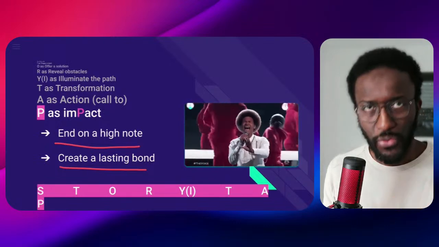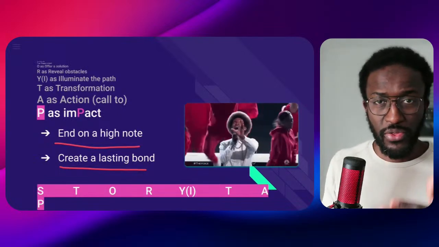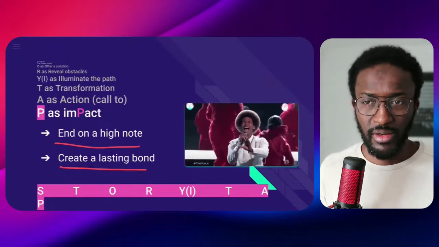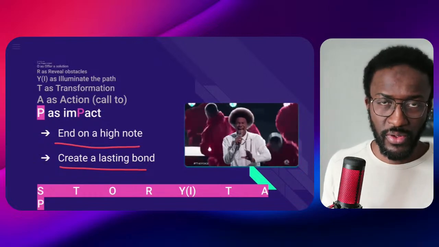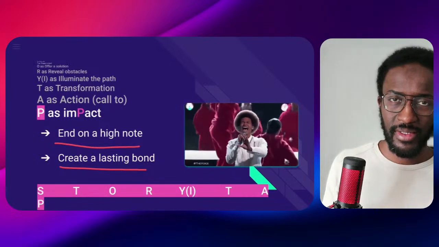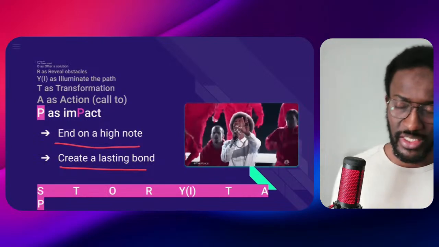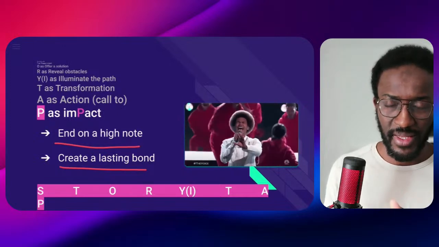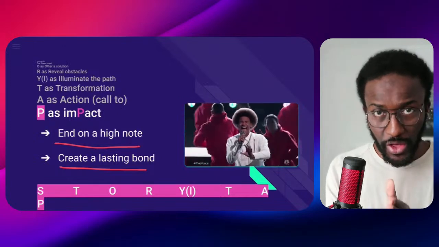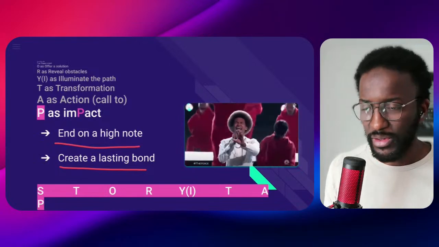The end of you telling the story is just season one of that story. There must be a second season, and the link from season one to season two, where your audience takes ownership of your story and acts on your call to action, is something you can secure in the last part, which is the lasting impact.